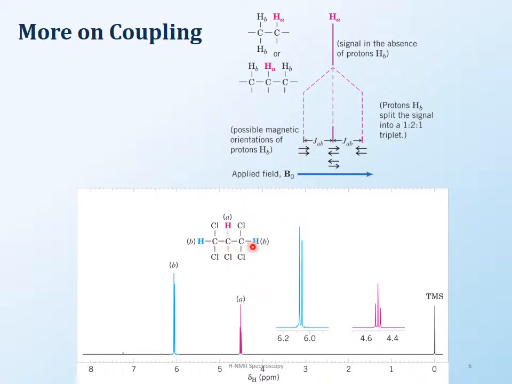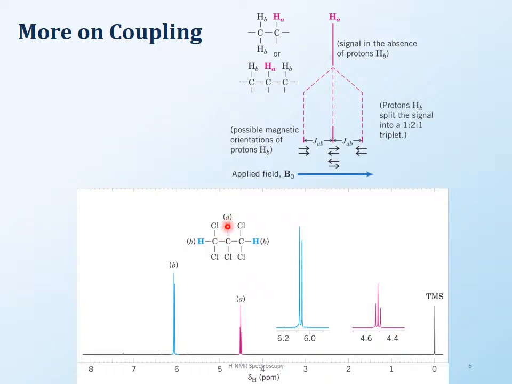These 2 protons can be facing in one direction or facing in the other direction. Another combination is that one proton is facing one way and the other proton is facing the opposite way. So all of these different alignments are possible when you're looking at these 2 protons only.